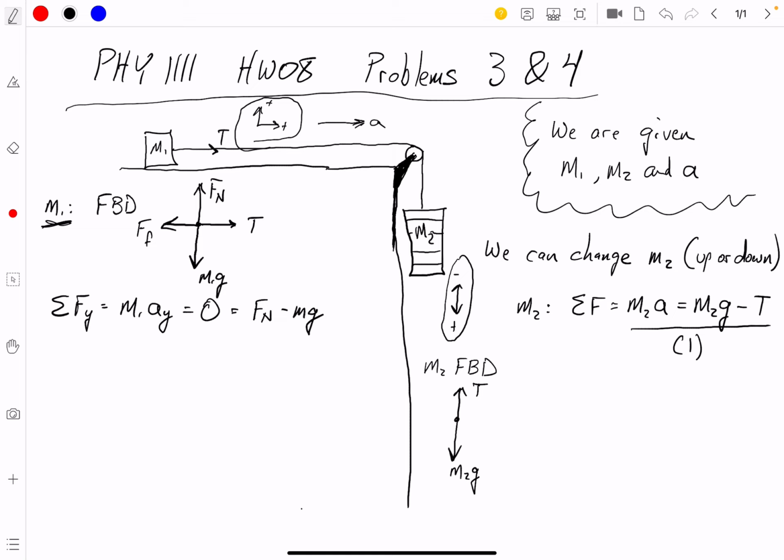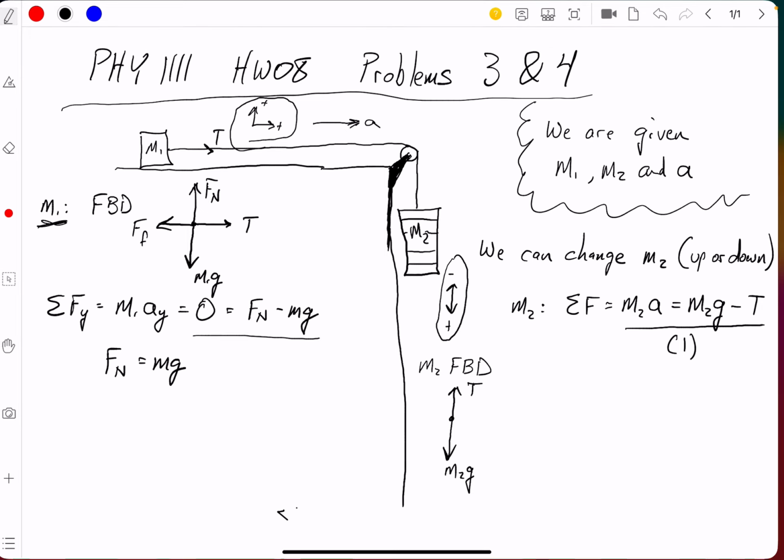So anytime you have something like this, you know that those two things must be equal. So we can say that Fn equals mg.